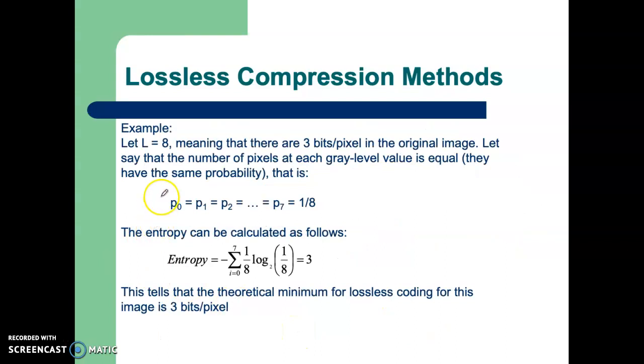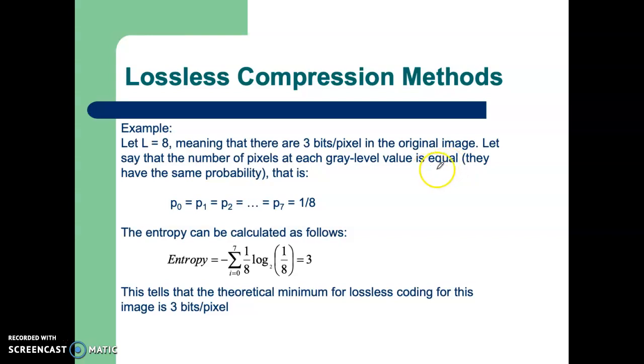So for example, L is 8. L is the number of gray levels, meaning that you will use 3 bits per pixel. So let's say that the number of pixels at each gray level value is equal. So they have the same probability, P0 until P7, which is 1 over 8.